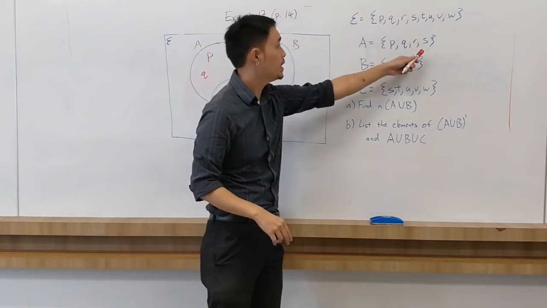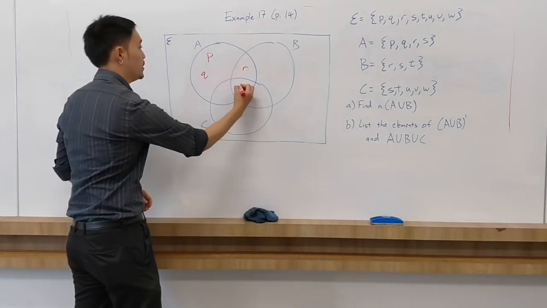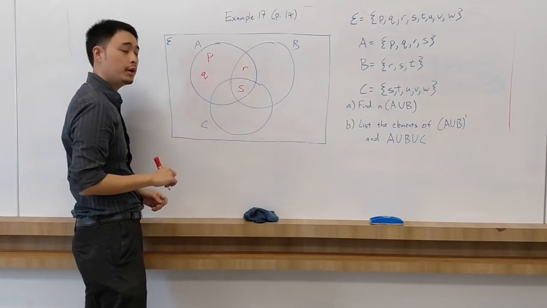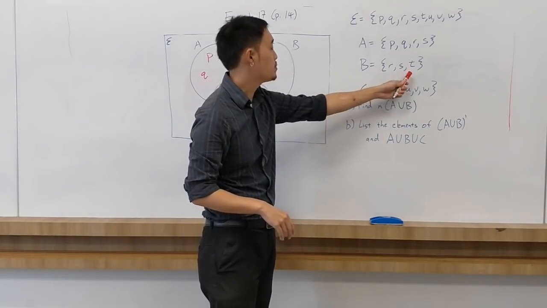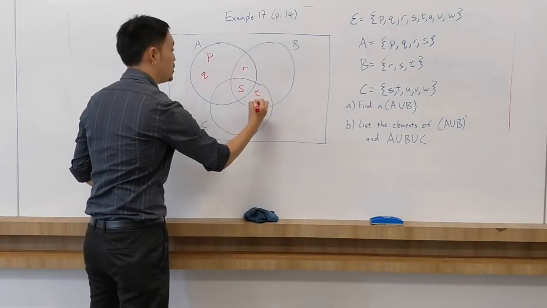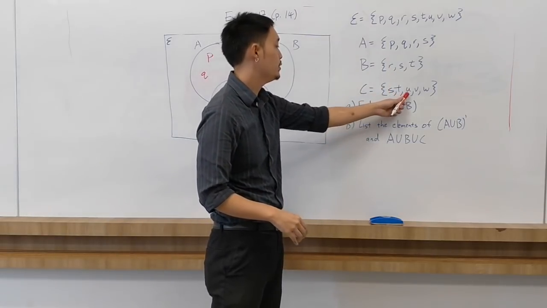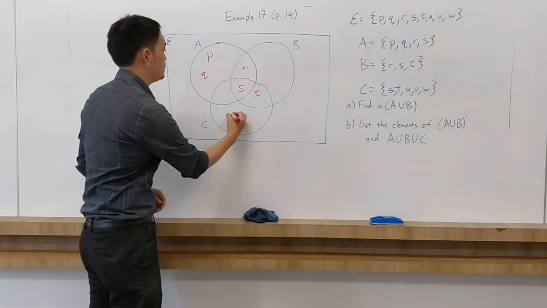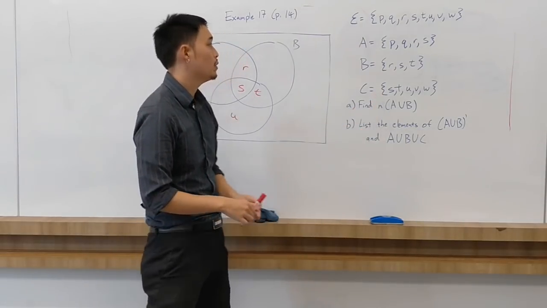Okay, what about S? S we have in A, we have in B, and we have in C, so S should be in the middle, shared by all three sets. Okay, T is part of B and part of C, so we'll put T over here. U, what about U? U is part of only C. V is part of only C as well.